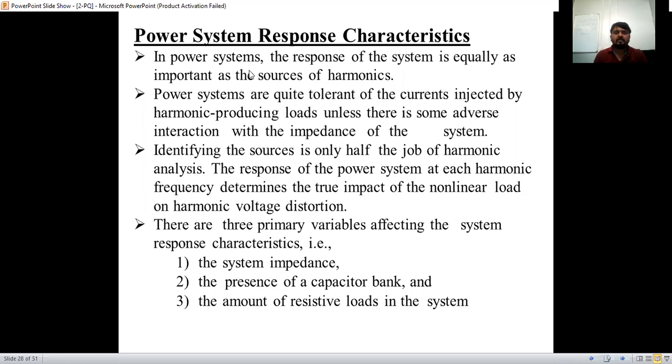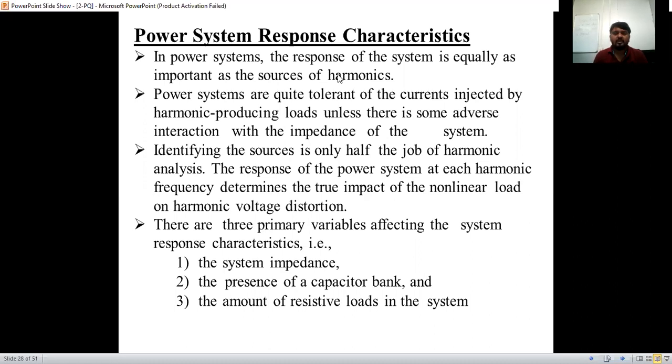The response of the system is as important as the sources of harmonics. The system is quite tolerant of the currents injected. Harmonics inject current, which is nothing but producing load, that is, increasing or injecting current, unless there is some adverse interaction with the impedance of the system.